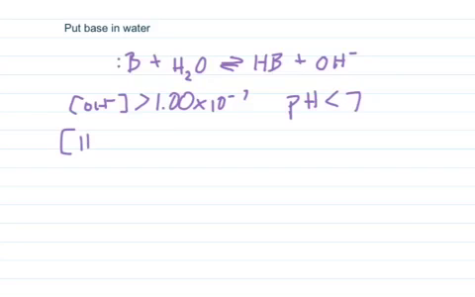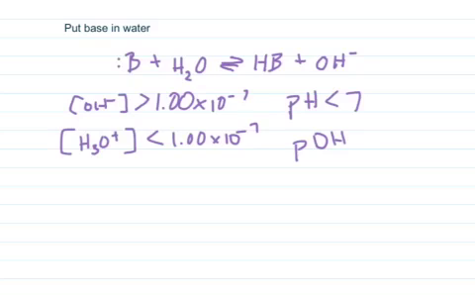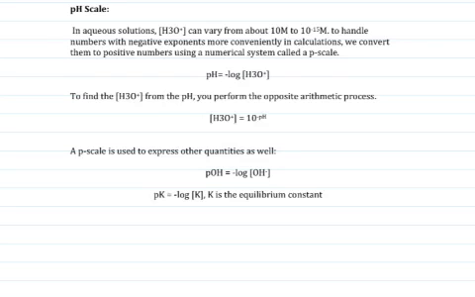Now for our acid, our hydronium is going to be less than 1.00 times 10 to the minus 7th, but the pOH is going to be greater than 7. Sorry, this should be pOH right there. So our pOH would be less than 7 for our base, and our pOH would be greater than 7 for our acid. So let's talk about the pH scale.